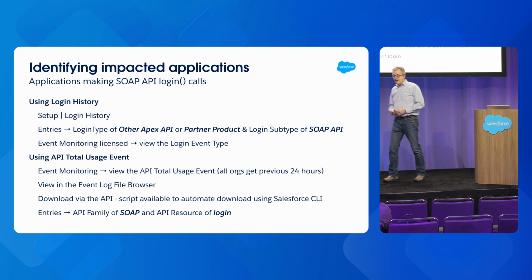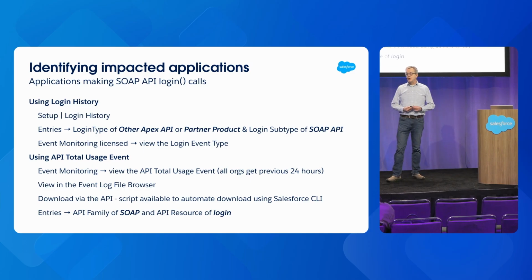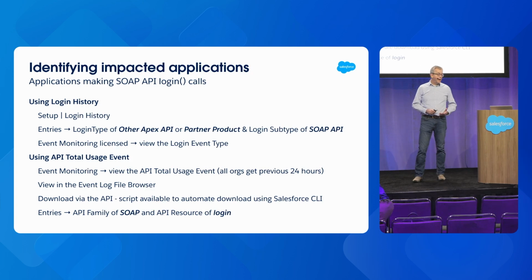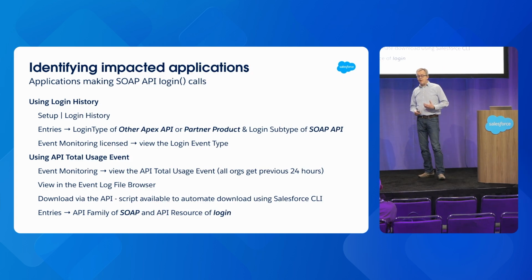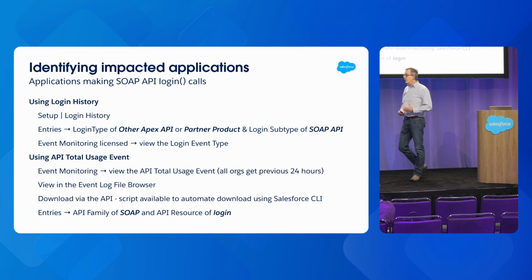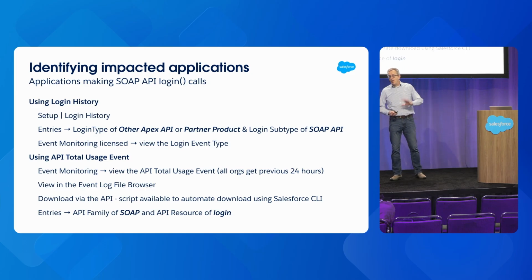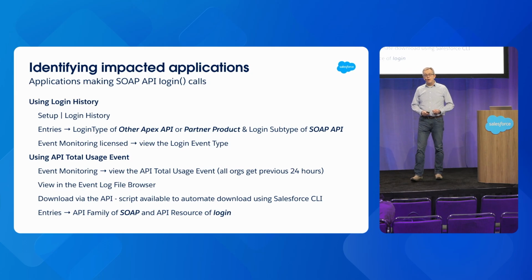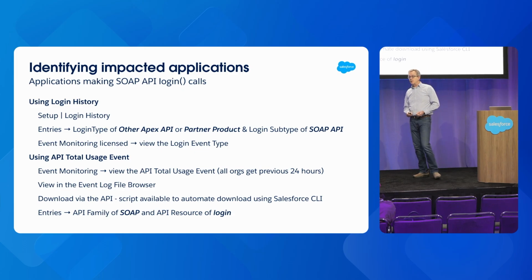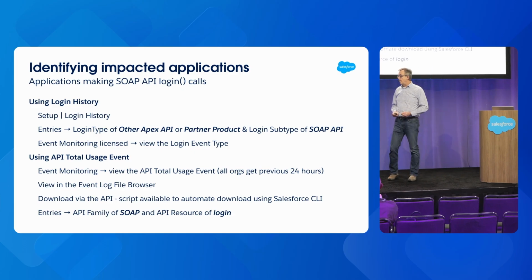Now, how can you identify those applications using SOAP API login? There are actually two mechanisms. The first mechanism is via the login history. You can use this in Setup. If you go into Setup, Login History, that will show you all the various logins which are being made into your org.